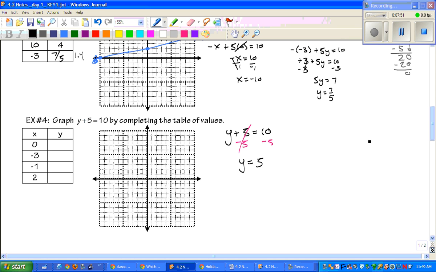No matter what the x value is, y is always going to be 5, okay? And we talked about this line that it's going to make. So we get 0, 5 is right there, negative 3, 5, negative 1, 5, and 2, 5. Those make a horizontal line. Okay.